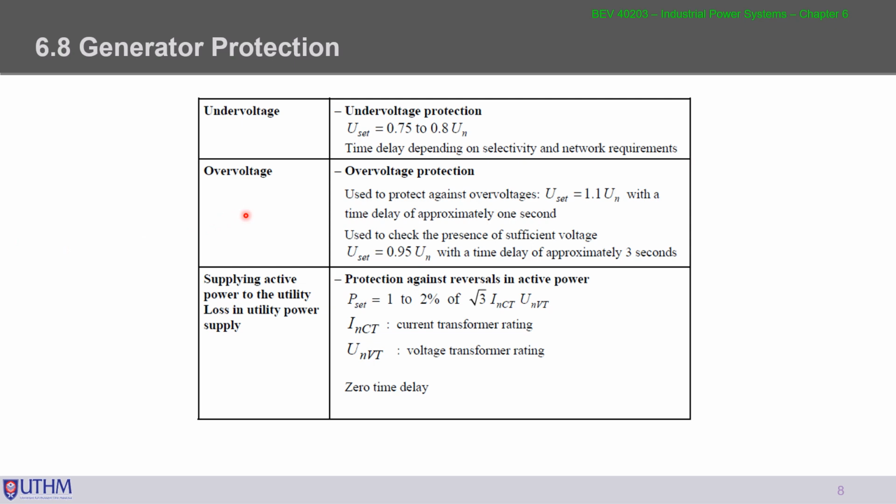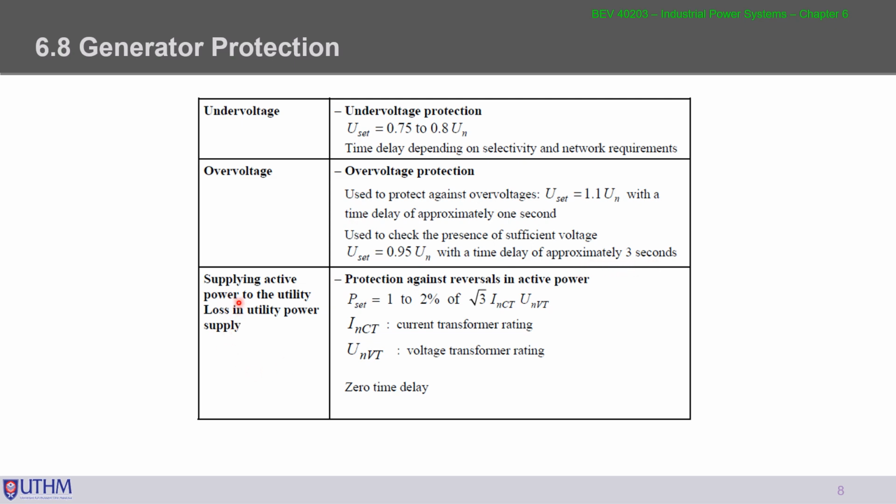And for overvoltage, the protection is used to protect against overvoltage, and the setting is U set equivalent to 1.1 UN with a time delay of approximately 1 second. It is also used to check the presence of sufficient voltage, and U set is set to 0.95 UN with a time delay of approximately 3 seconds.